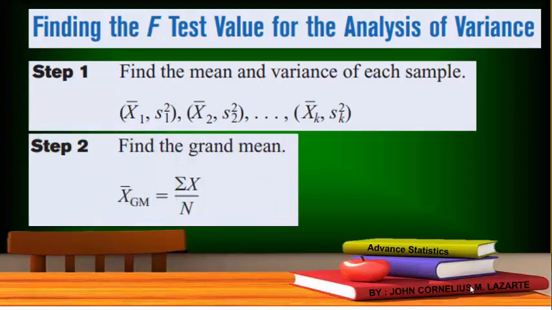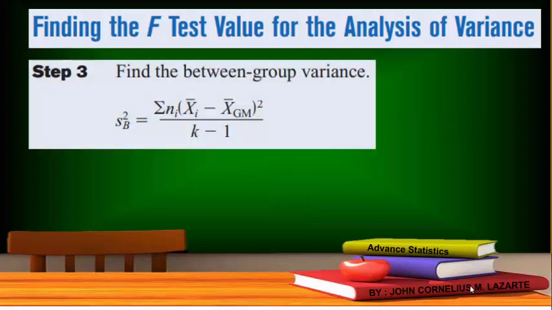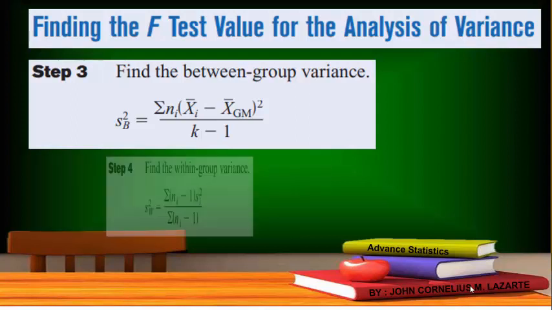For step 2, we need to find the grand mean, which is equal to the summation of all the samples over the total sample population. Next is step 3, finding the between-group variance, which is equal to the summation of n times the mean minus the grand mean squared, all over k minus 1.